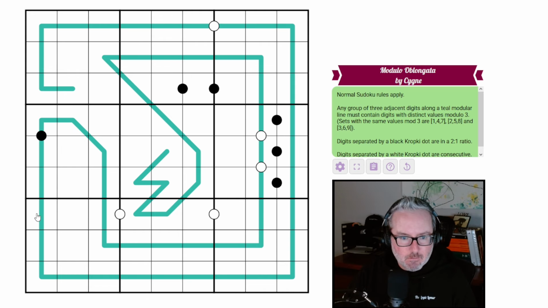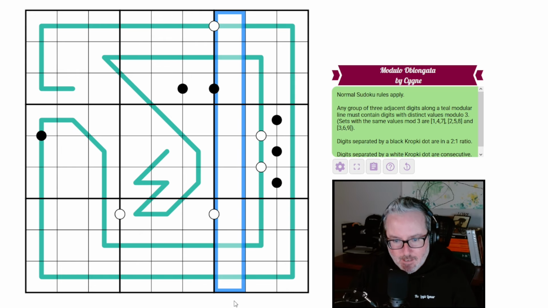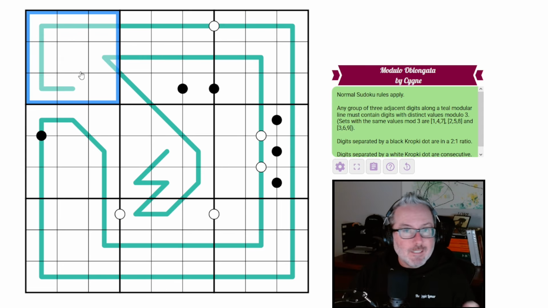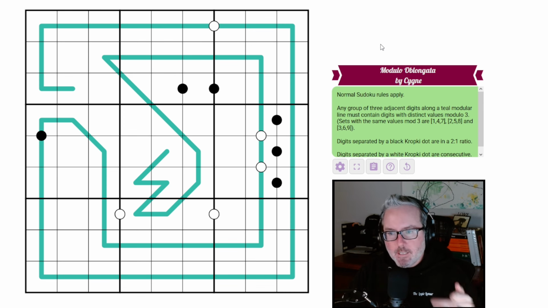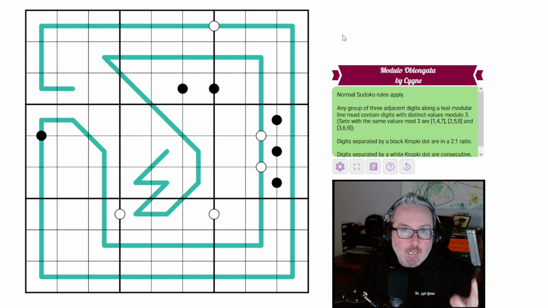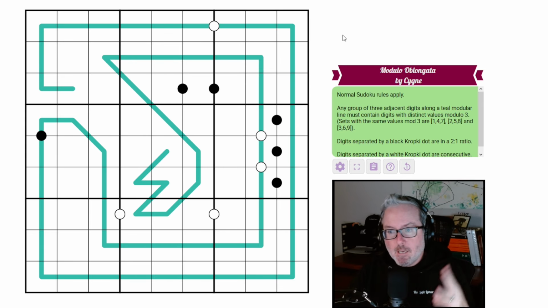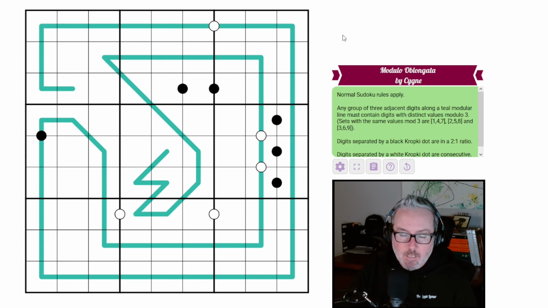So normal Sudoku rules. Every row, column, and 3x3 box will contain the digits 1 through 9 once each. Then we have our modulo line, so the mod 3 line. Any group of 3 adjacent digits along a teal mod line must contain digits with distinct values modulo 3. And all that really means is that if you take any of the digits from 1 to 9 and you divide them by 3, well, 3 of them will have the same remainder, another 3 will have the same remainder, and the last 3 will have the same remainder.